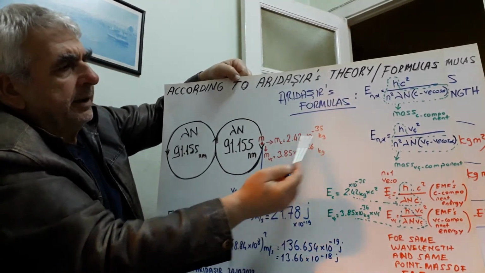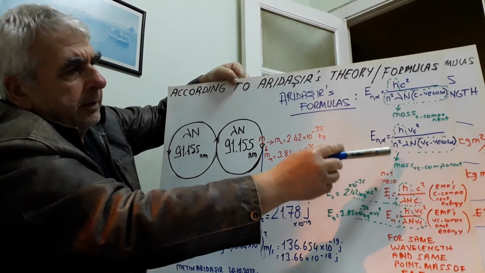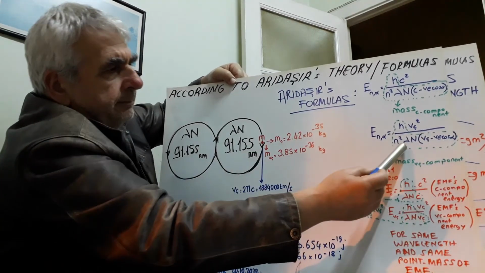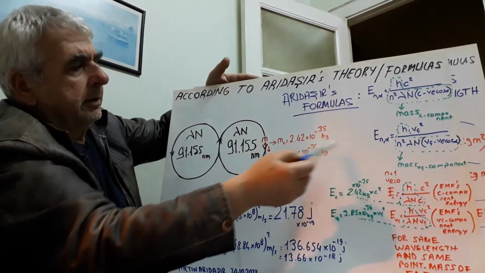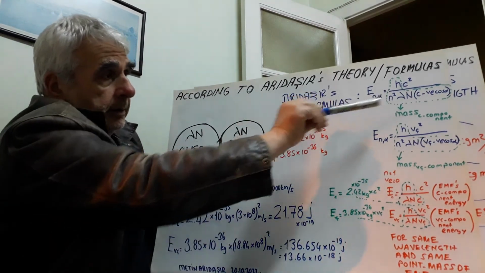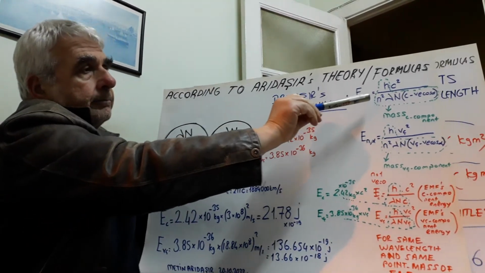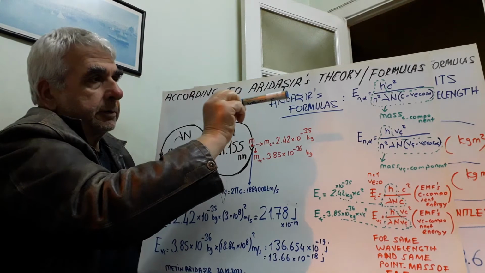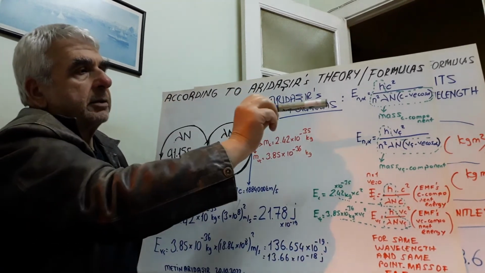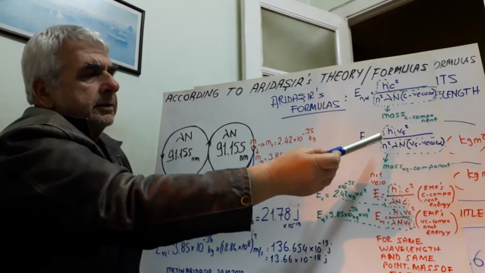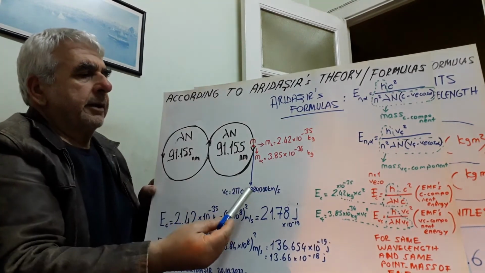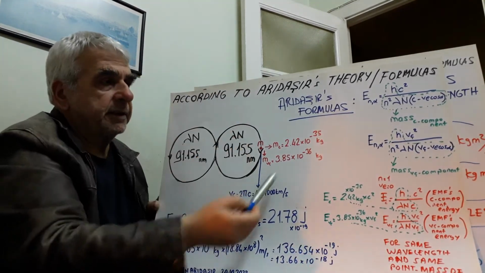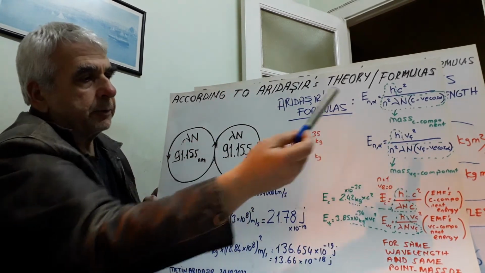And this is for the linear velocity direction component mass formula. And this is speed of light direction mass component's energy, and this is 1,884,000 km per second linear velocity direction mass component's energy formula.